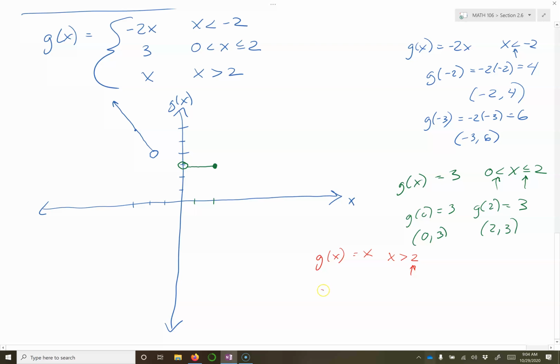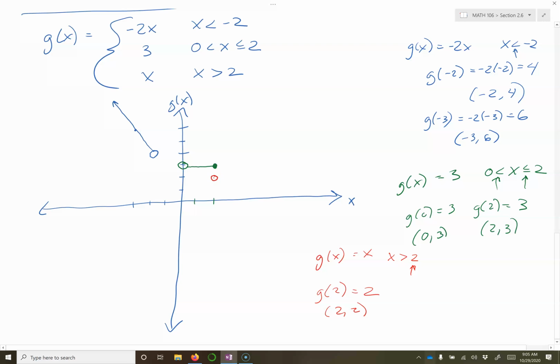So I'm going to do g of 2 equals 2. I get a point (2, 2). So tell me, is there a solid circle or an open circle at (2, 2)? It's open, right? So at (2, 2), which is right here, open.